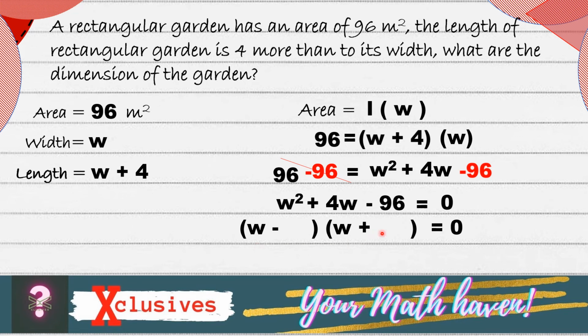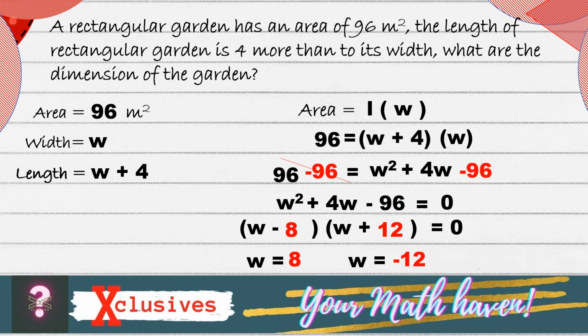Now let us think of two numbers that when multiplied give negative 96, and when added give positive 4. Those two numbers are negative 8 and positive 12. Now using the zero product property and by simplification, our first root is positive 8 and our second root is negative 12.